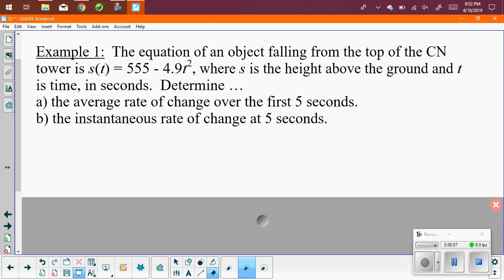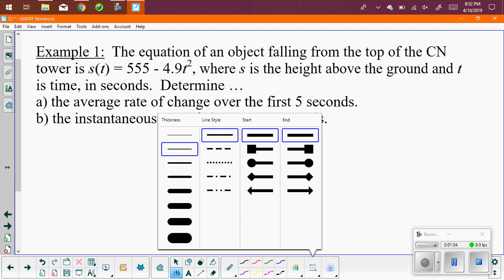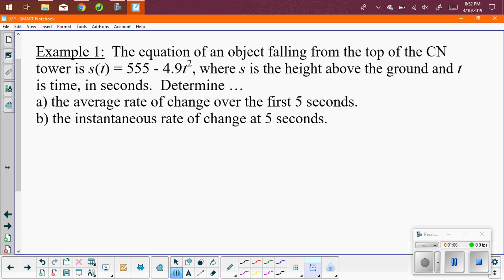Okay, so hopefully from advanced functions, you remember how the formula works for rate of change. The way I calculate it, I want my change in S over my change in time. I want the first 5 seconds, so that means this is the interval between 0 and 5.